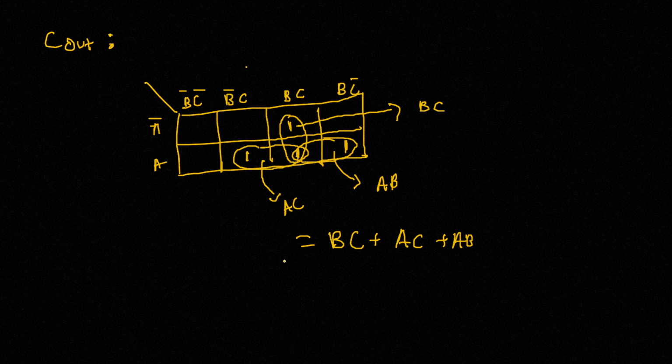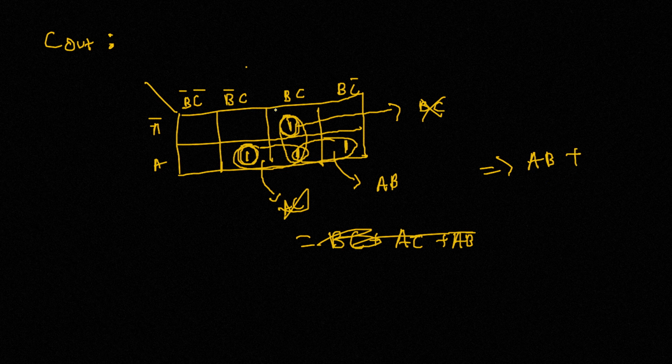So since the conventional grouping for KMAP doesn't work here, we just group the one which gives us AB and leave the other two expressions, this one and this one, as it is. We just take the AB grouping and discard these two groupings, and that helps us write this in the form of a logical circuit mode.